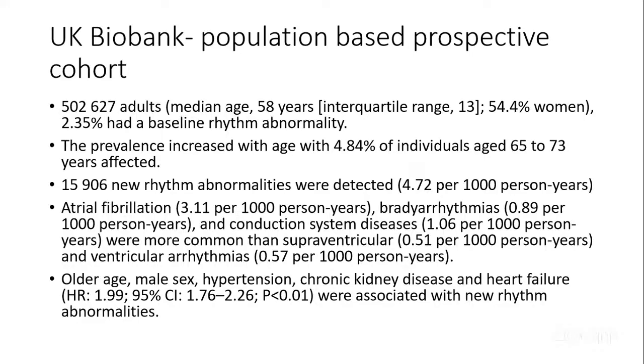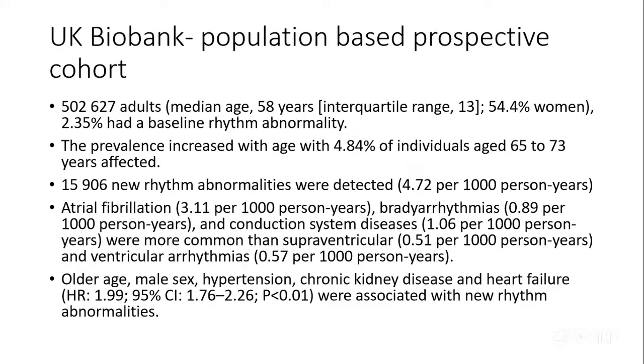And when they looked at the baseline rhythm abnormality, there was about 2.3% baseline rhythm abnormality. And from the rhythm abnormalities, like we were told last week when we were looking at atrial fibrillation, atrial fibrillation was the commonest abnormal heart rhythm identified, followed by bradyarrhythmia. Under the bradyarrhythmia, you have the bradycardia and the conduction abnormality.